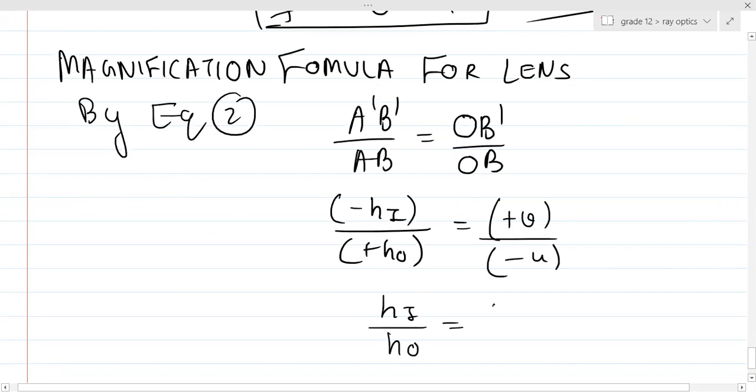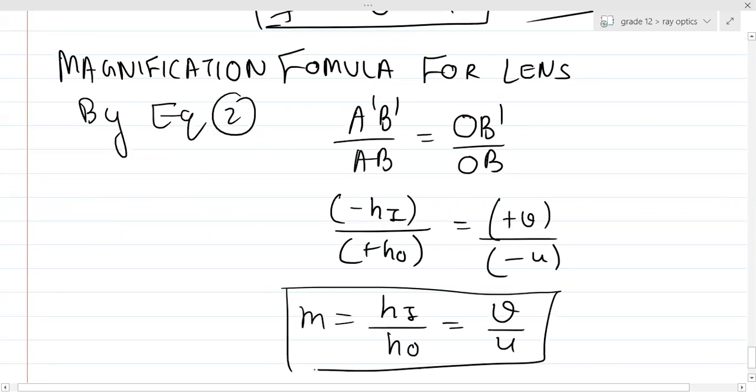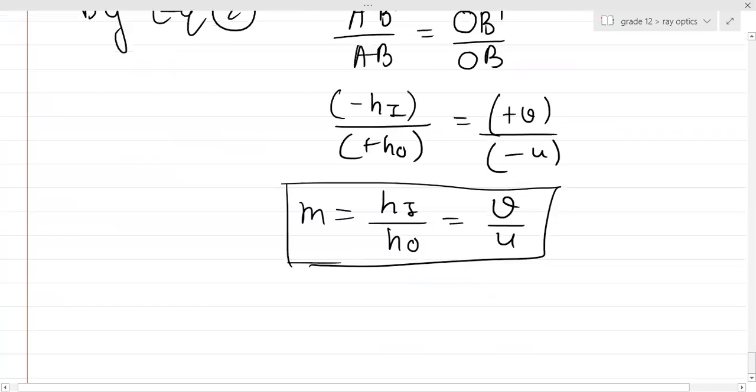HI by HO is equal to V by U, and this is nothing but our magnification. From here we derive the magnification formula. Any doubt? Guys, any doubt? No, sir. Okay, so let's continue with further questions.